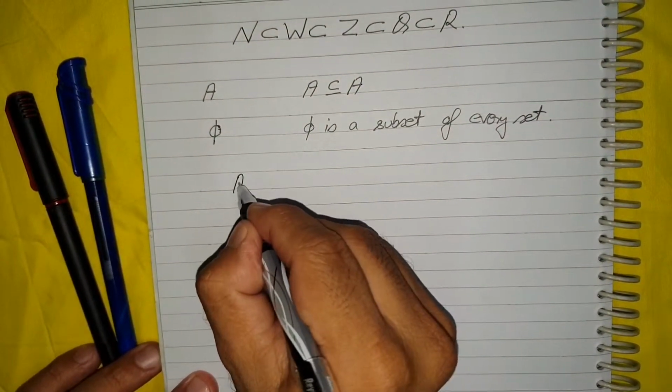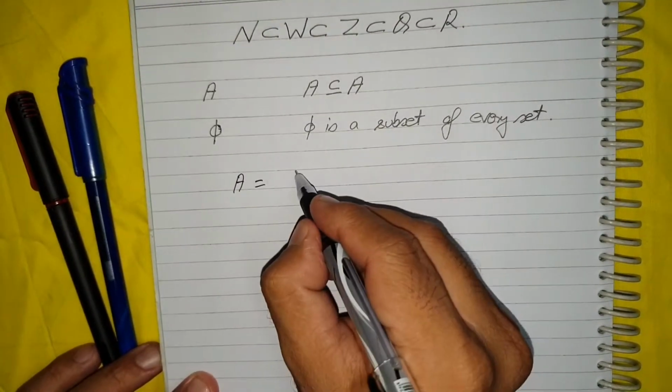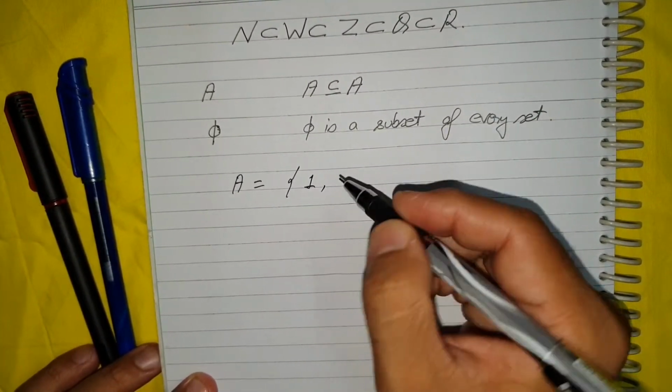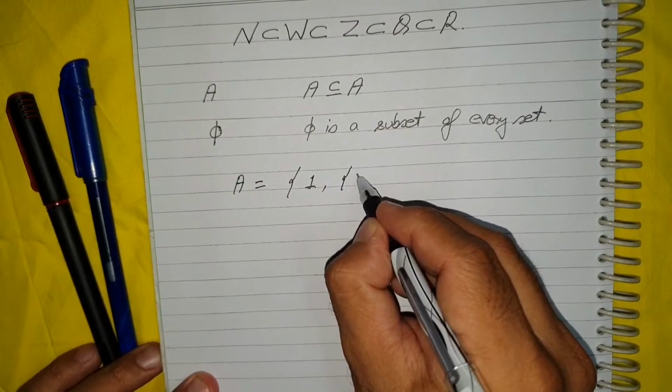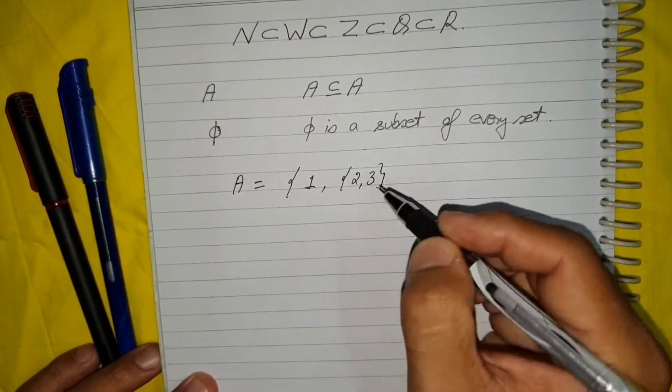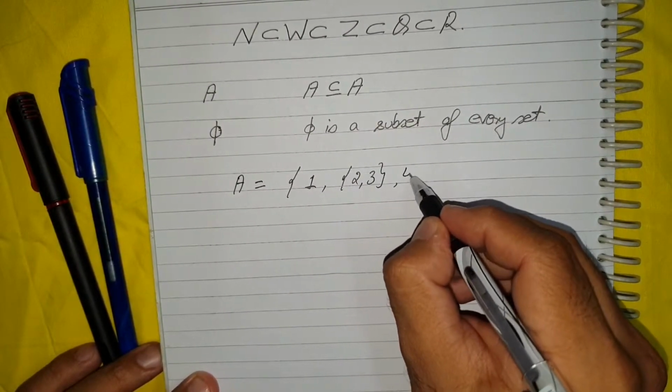Now consider a set A. We can write this as {1, 2, 3, 4}.